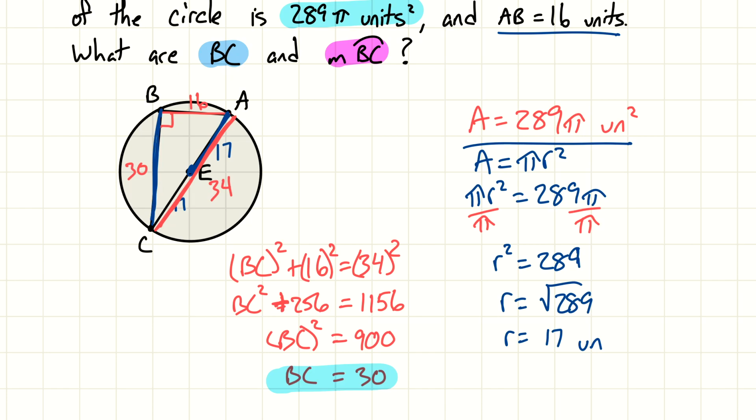We still need to figure out the measurement of the arc BC, so that's this one out here. So probably, if I have an arc, chances are I'm looking for its inscribed angle. So again, we have a situation where we probably need to find the angle.